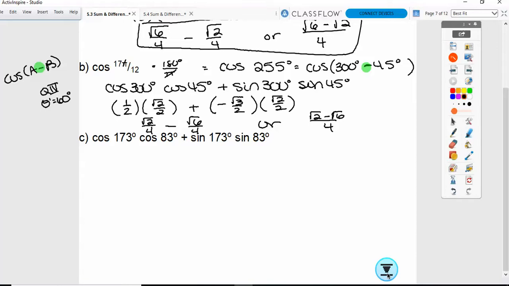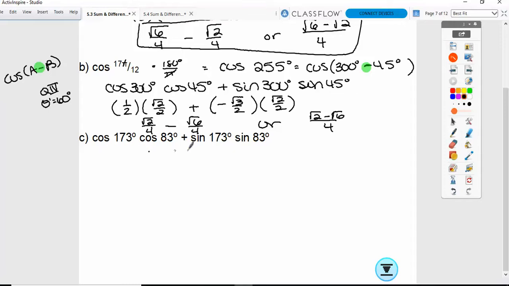Look at the next one. What do we need to do here? Yeah.